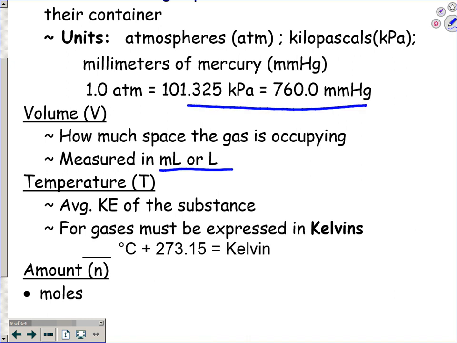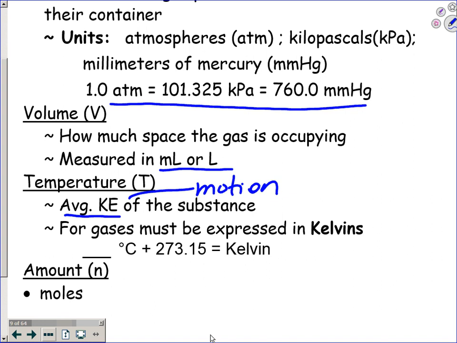Pressure has a plethora of units that we could use, which is what we wrote down yesterday. Temperature, and now you guys understand why kinetic energy was a piece that I kept bringing in earlier. Temperature is just a measurement of the average kinetic energy of the substance's particles. What is kinetic energy? One more time. Energy of motion, right? So this is talking about how quickly the particles are moving.